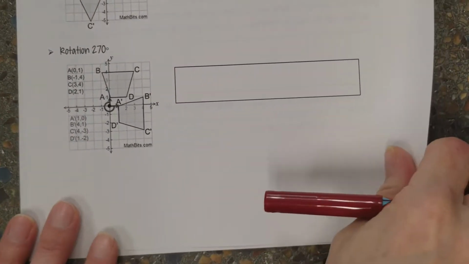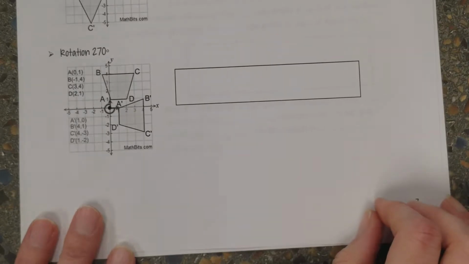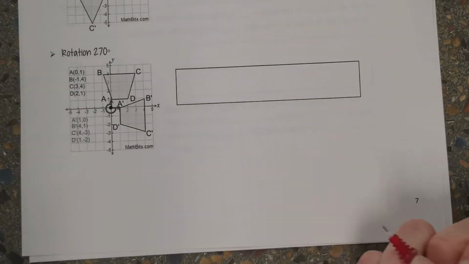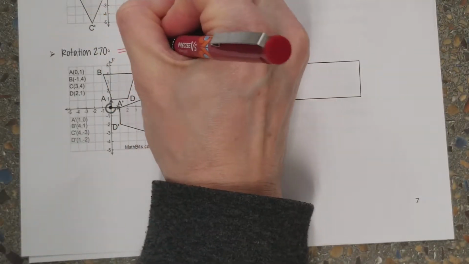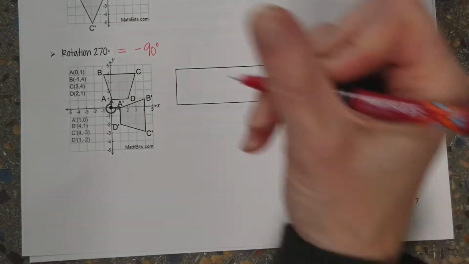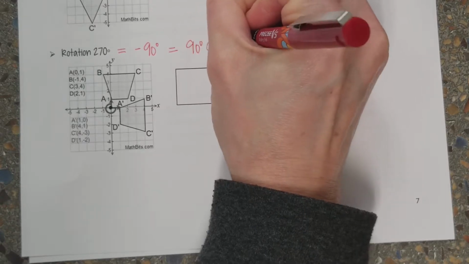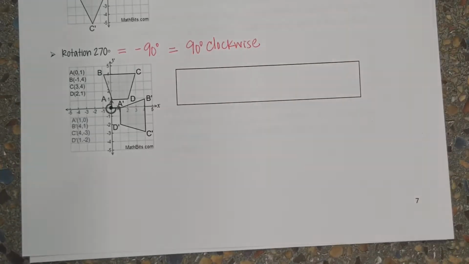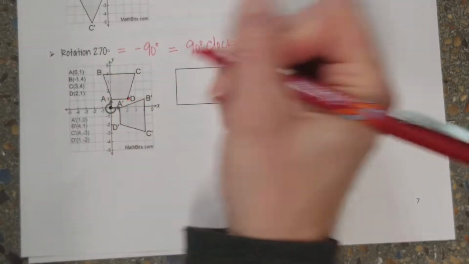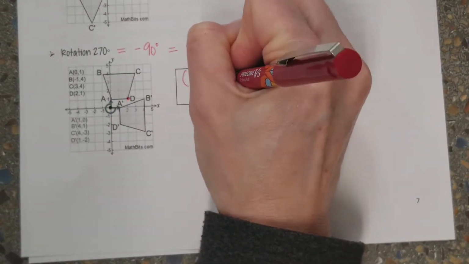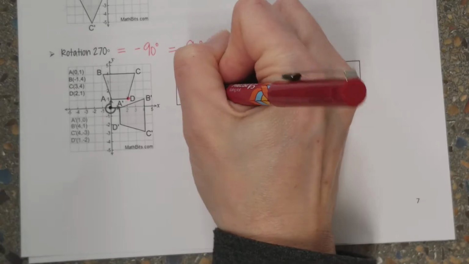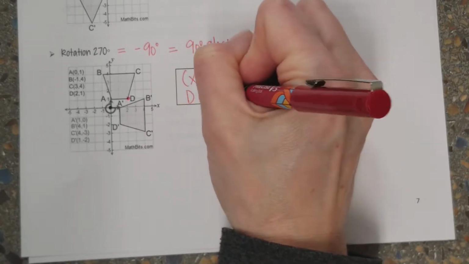Last one for rotation, 270 degrees. A rotation of 270 degrees is the same as a negative 90 degree rotation or 90 degrees clockwise. All right, we're going to use point D for an example on this one. So we start with some point X, Y. So D starts off being 2, 1.